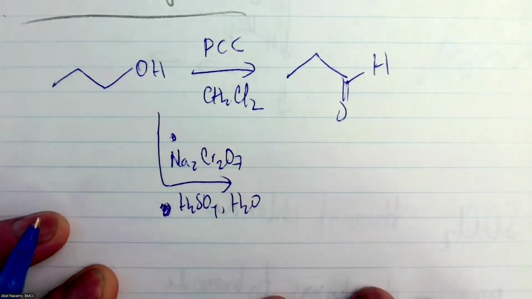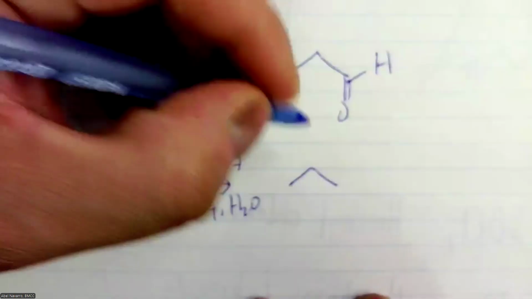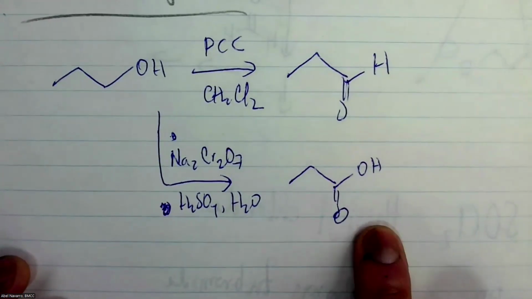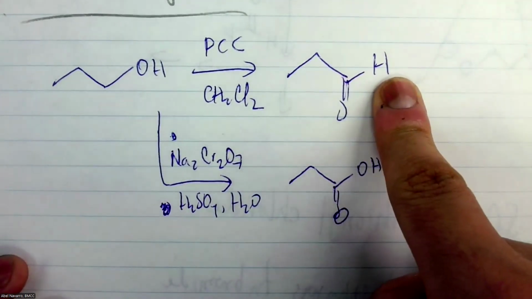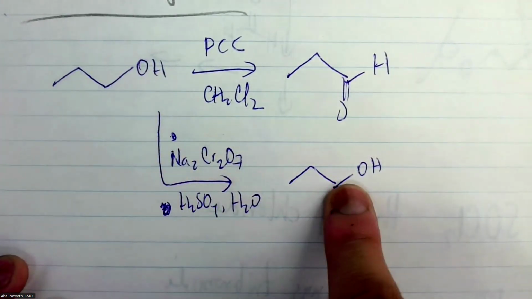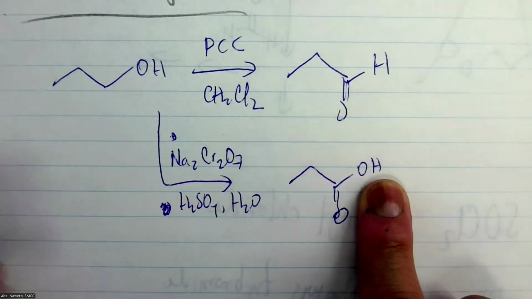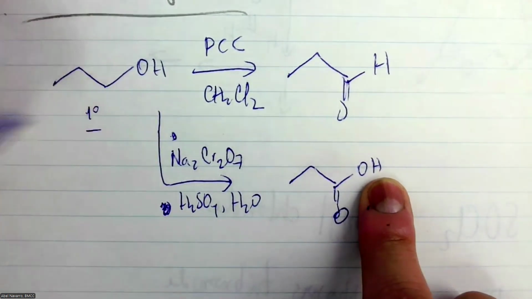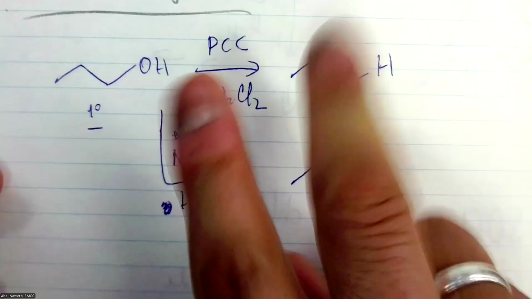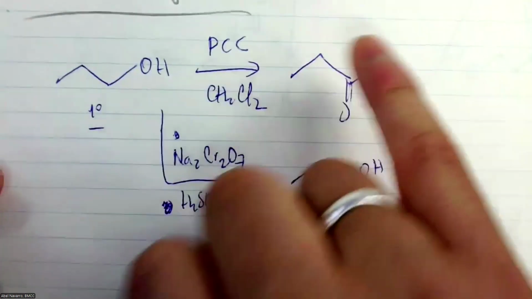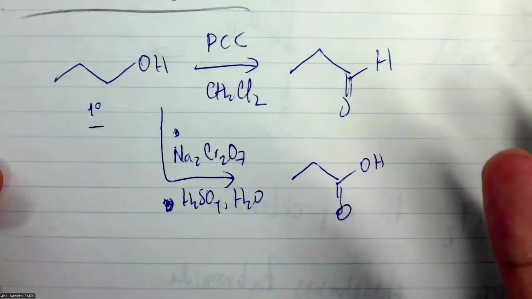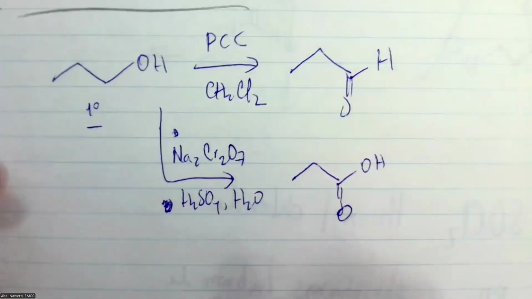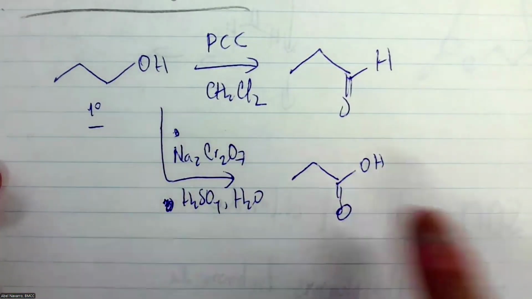It oxidizes all the way to carboxylic acid. So PCC, partial oxidation to aldehyde. Sodium dichromate, it goes all the way to carboxylic acid. That's what happens to a primary alcohol. In primary, you have the option: you can do partial oxidation and full oxidation. Secondary, no. Secondary, you do only one type of oxidation, from secondary to ketone.